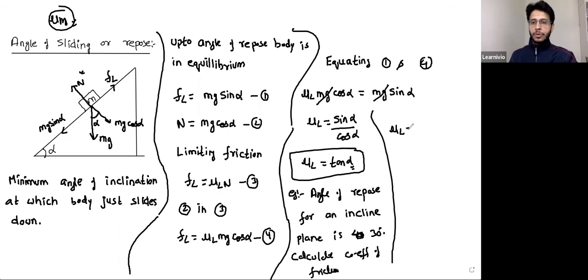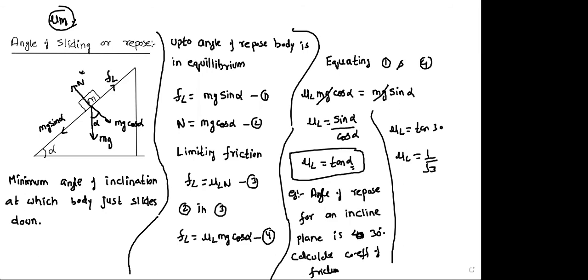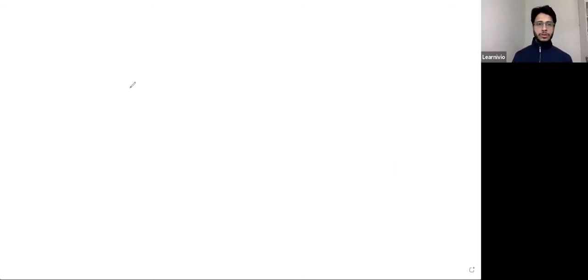Coefficient of friction is mu L equals tan 30, which is 1 by root 3. So this is how you can calculate. So this is how we calculate friction over an inclined plane. So if you have an inclined plane, then friction is coefficient of friction multiplied by normal reaction. Okay. After this inclined plane, the next thing is, so that was about friction.